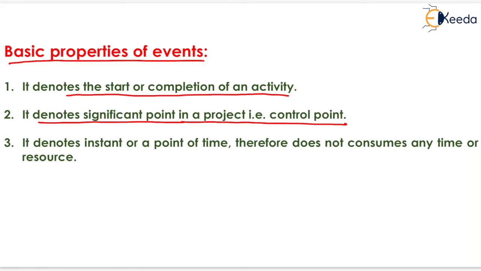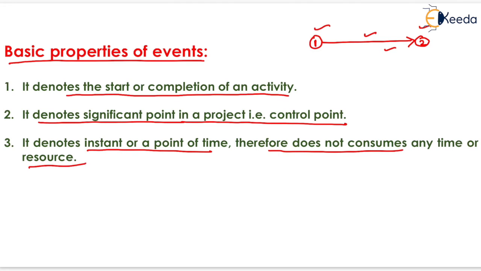Now if we have to see the event of a particular activity, it will be represented like this, that is the activity and that is known as event. Event 1 is known as the starting of this activity and event 2 is known as the termination or completion of this activity. It denotes an instant or a point of time, therefore it does not consume any time or resources.